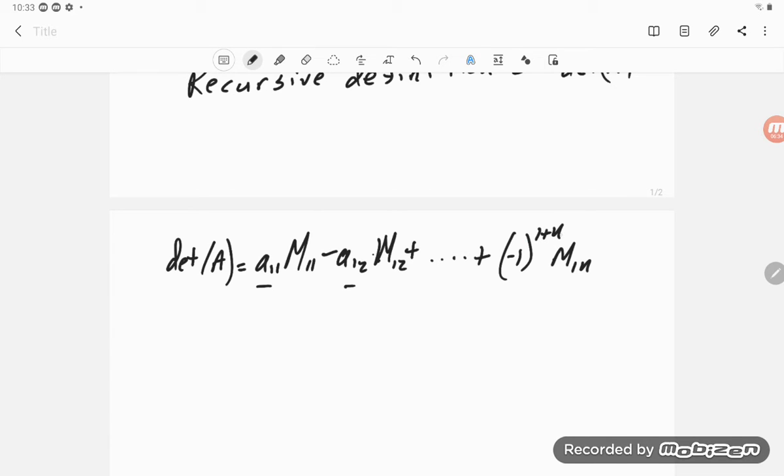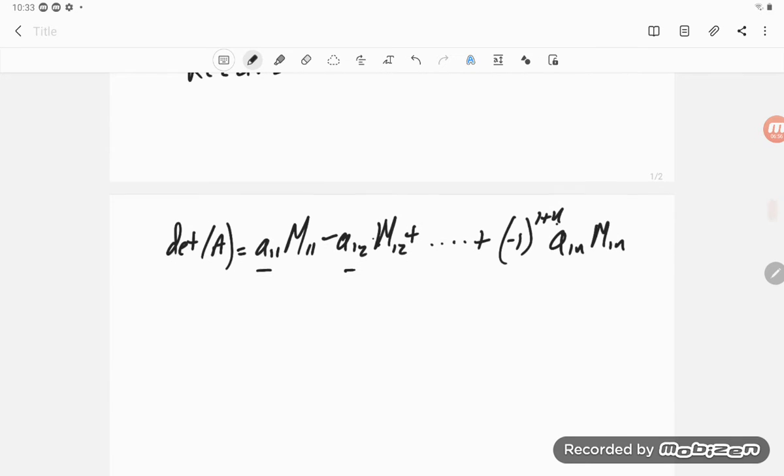And so if n is 3, then plus 1 is 4, negative 1 to the 4th is positive. Oh, and I left off my A here, so let's try that again: A1n times M1n. There we go. Okay, and that is our recursive definition.